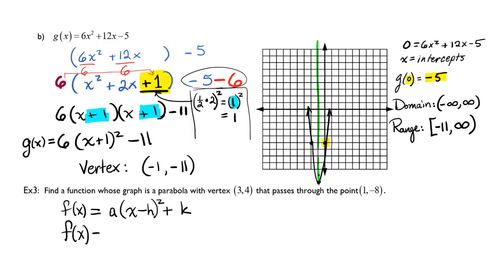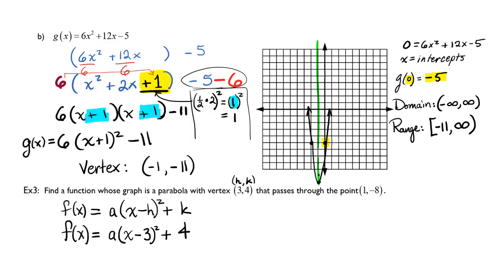In our case, we don't know what A is, but we know that the vertex is at 3, 4, which means we can fill in H and K. This 3 is H and the 4 is K. So we have x minus 3 squared plus 4.